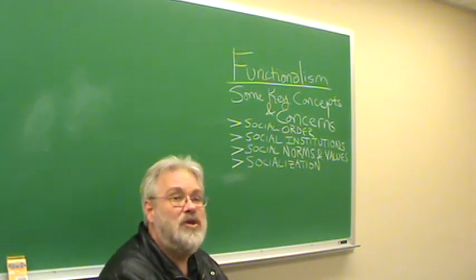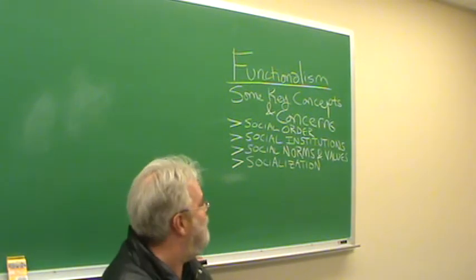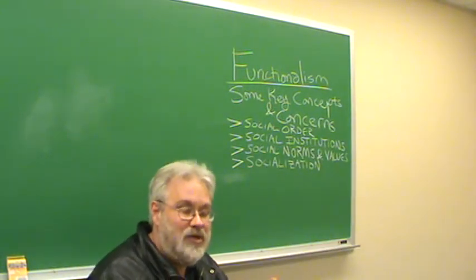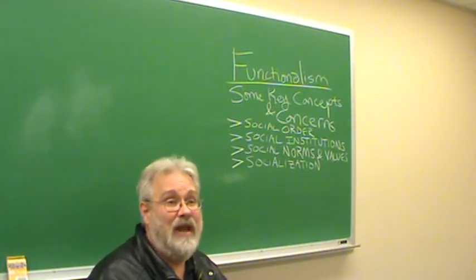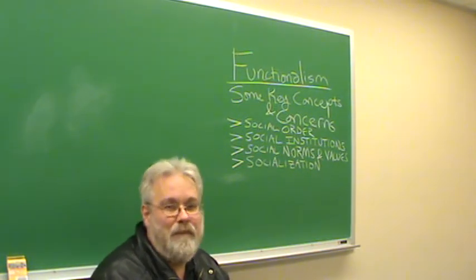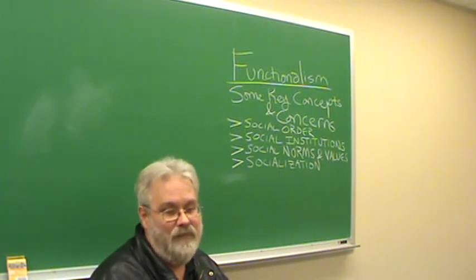Obviously, parents socialize their children. They pass beliefs, values, attitudes, behavior patterns from one generation to the next. Now, socialization is not just something that happens when a mother or father or parents shape their children. We're all socializing each other all the time.